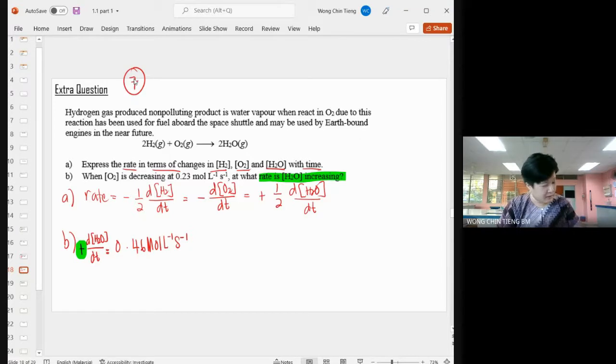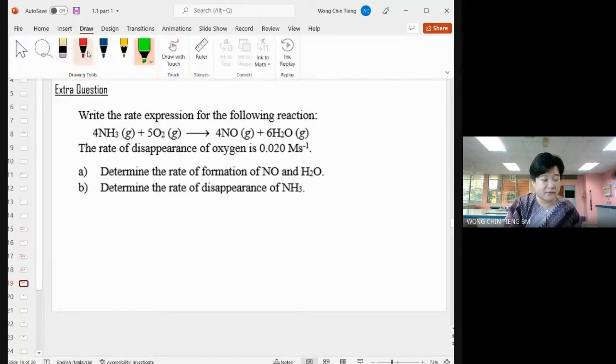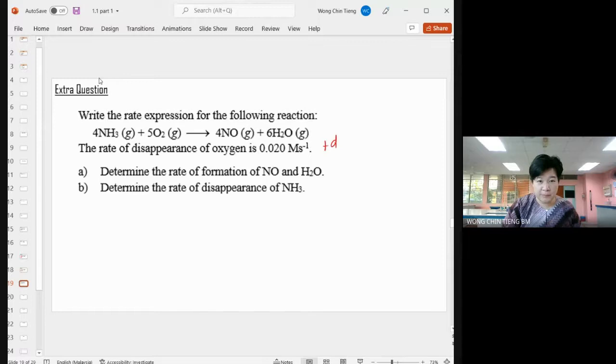Okay. Alright. If so, nothing, question 8 is easy. I can give you the final answer. Question 8, the final answer for positive d[NO]/dt is 0.016 M s negative 1.